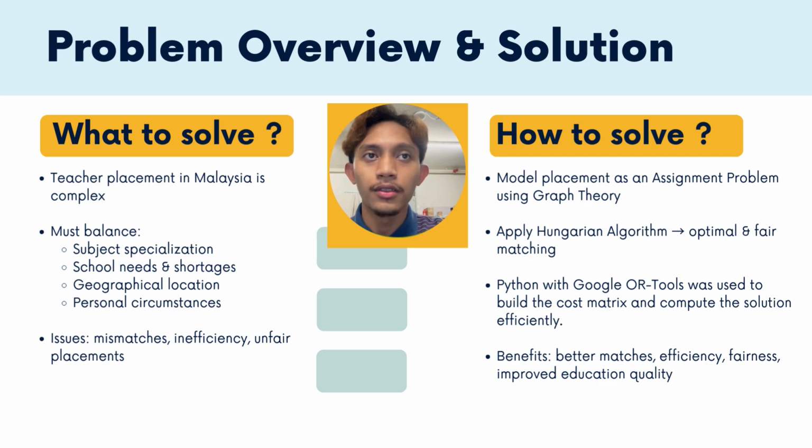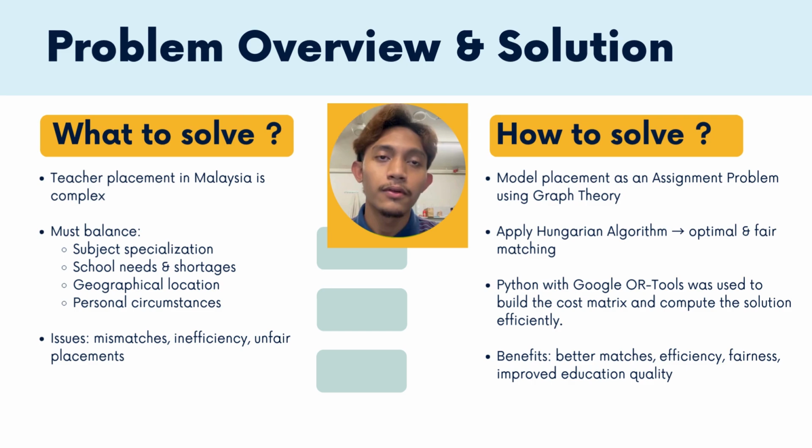Problem overview and solution. What to solve? Teacher placement in Malaysia is complex. Second, mass balance, subject specialization, school needs and shortages, geographical location, personal circumstances. And third, issues: mismatches, efficiency, unfair placements.